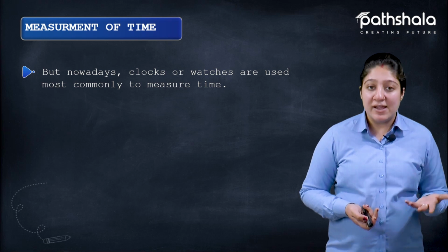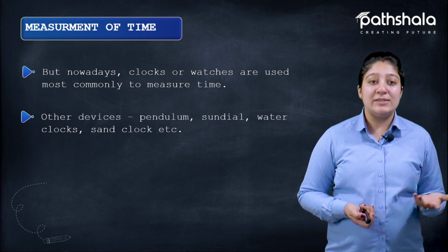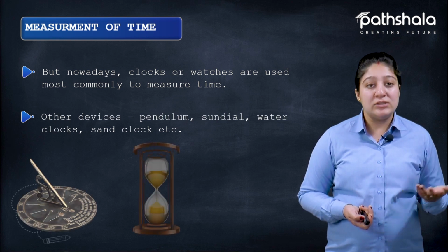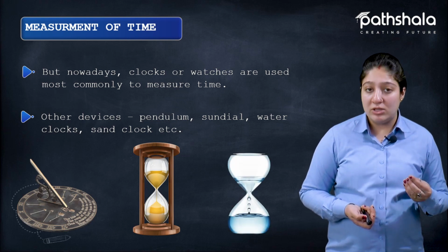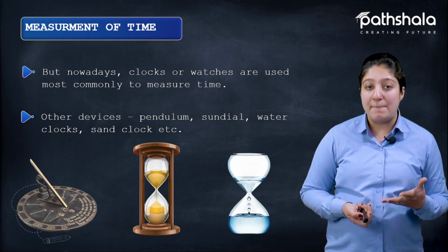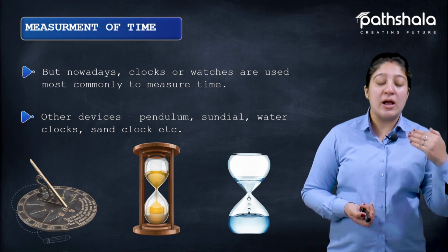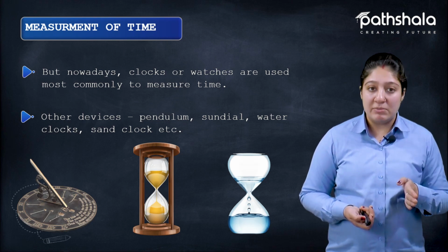Other devices used by people to measure time are pendulums, sundials, water clocks, and sand clocks. The sundial basically works on the basis of shadows formed by the sun. How the shadow is formed on the sundial shows what time it is.